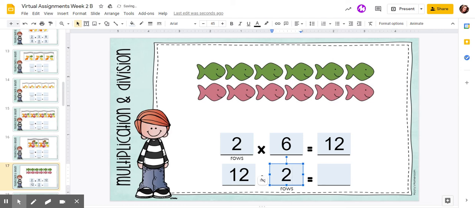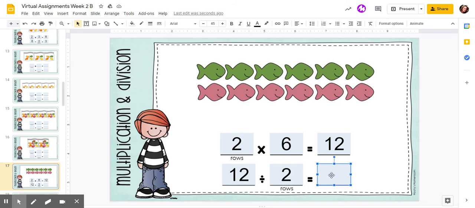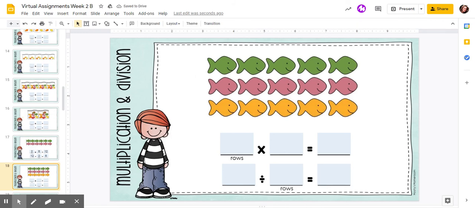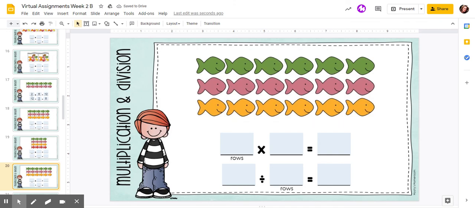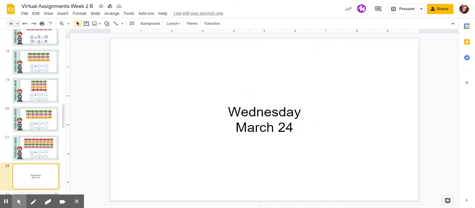So how many do I have in a row? So if this row of goldfish is for Quentin and this row of goldfish is for Emmett, how many will they each get? They will each get 6.